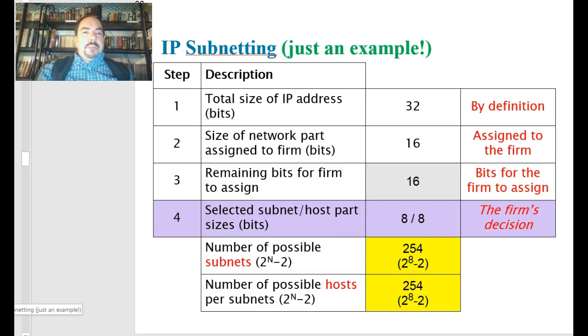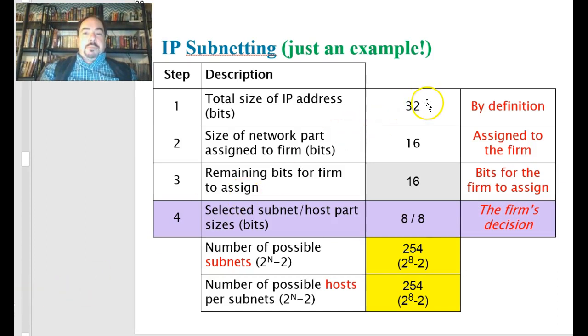So how might we subnet a network? How do we decide how many bits to use for the network? Well, one option would be just to divide them in half. We'll use 16 bits for the network and 16 bits for subnets and hosts, and see what that gets us.